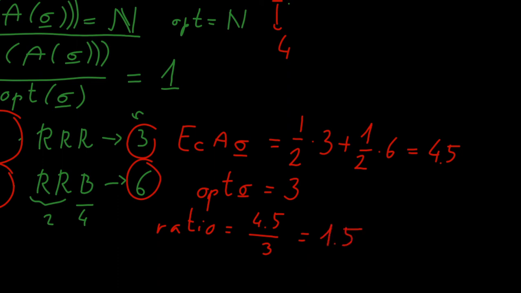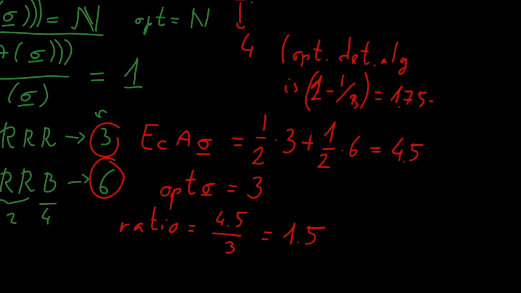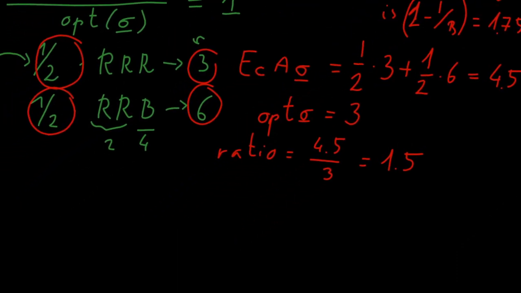Now that's actually not so bad, because recall that the optimum deterministic algorithm is 2 minus 1 over b competitive, which is 1.75 competitive. So for this case, we are still better than the optimum deterministic algorithm.